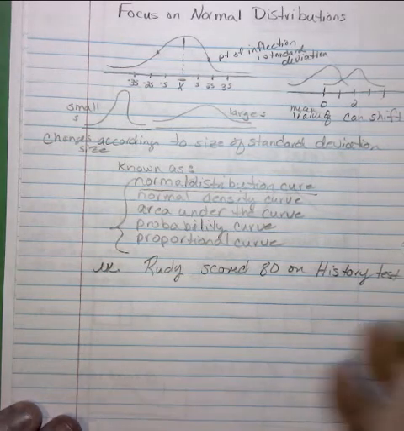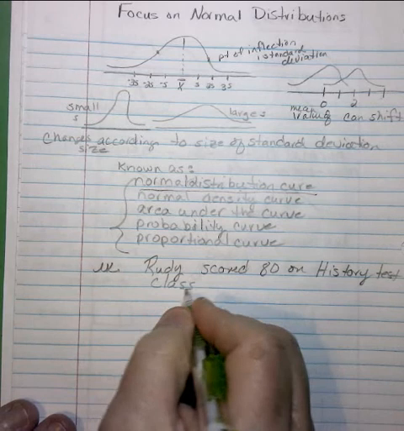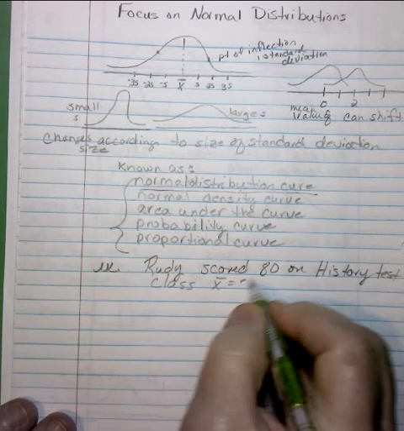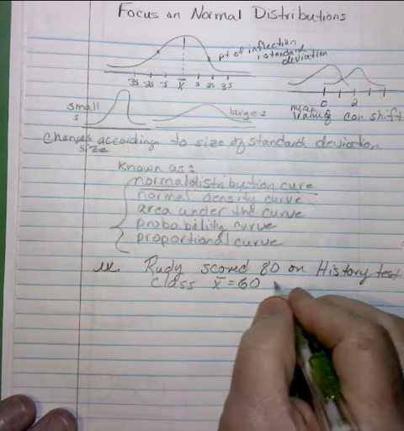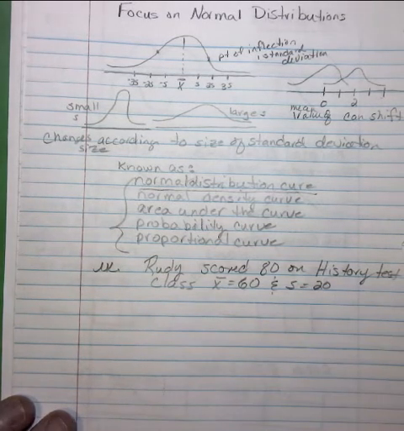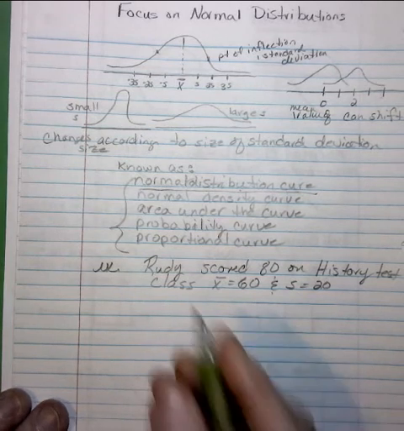And that history test in the class had a mean of a 60 on that test, and it had a standard deviation of a 20. And we wanted to know how Rudy compared to the class.